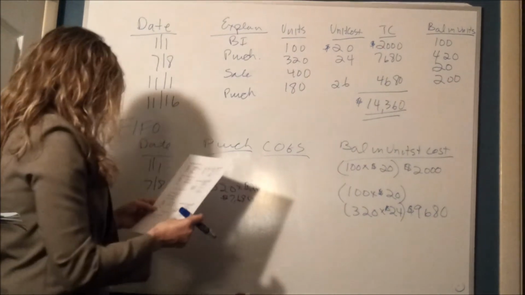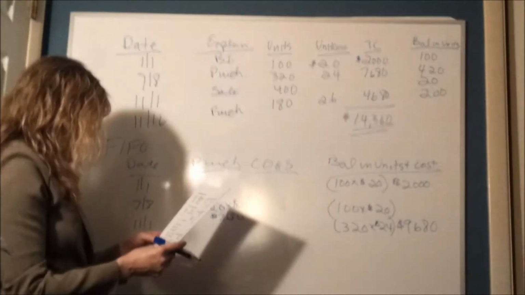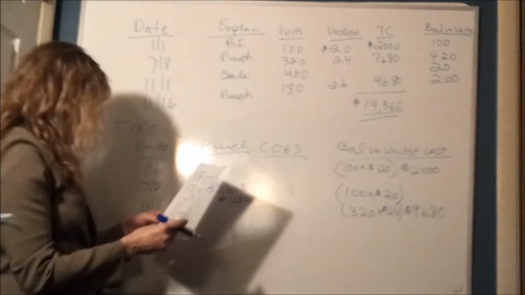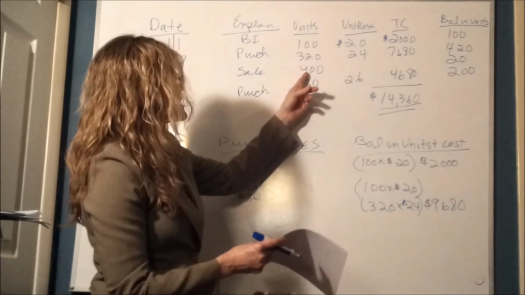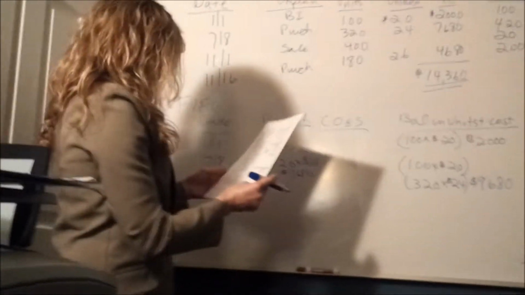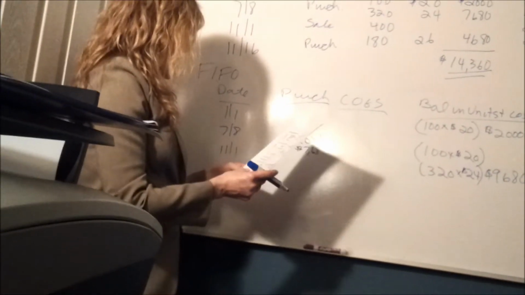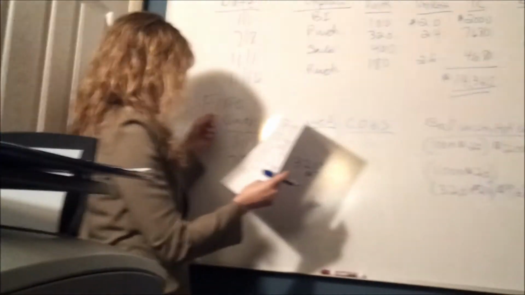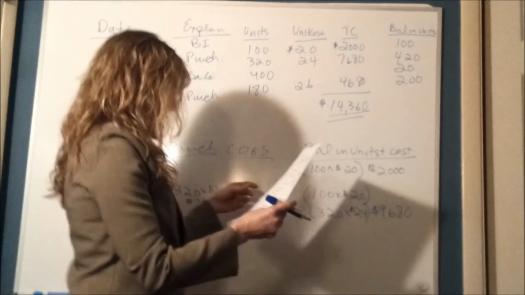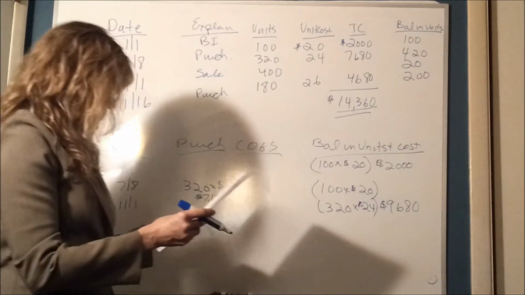Okay, now what happens on November 1st, we make a sale and we sell 400 items. So here we are on November 1st, we've made a sale of 400 items. So now we have to account for cost of goods sold. Our cost of goods sold is going to be, again, we're doing FIFO, so we're going to consider the first items that we purchased are the first items that we sell.